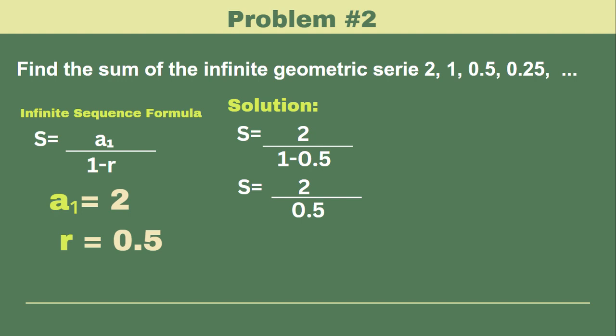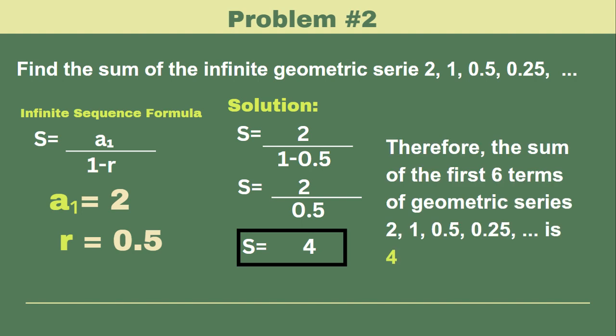To simplify, 1 minus 0.5 is 0.5, so 2 divided by 0.5 is 4. Therefore, the sum of the geometric series 2, 1, 0.5, 0.25 is 4.